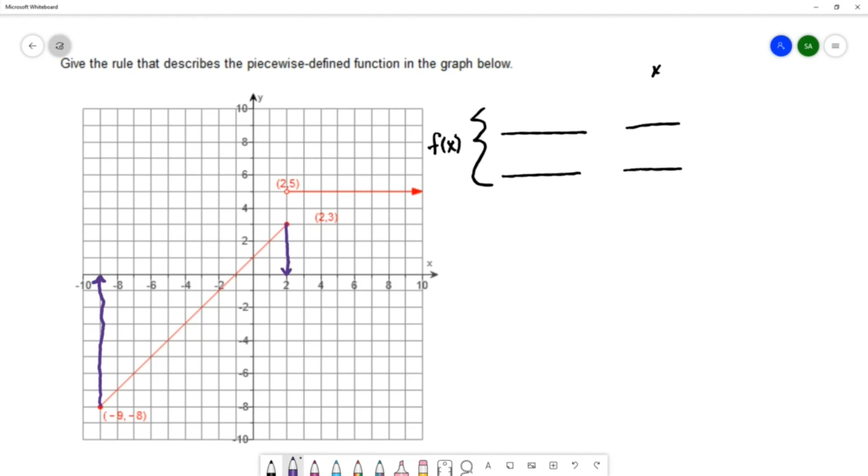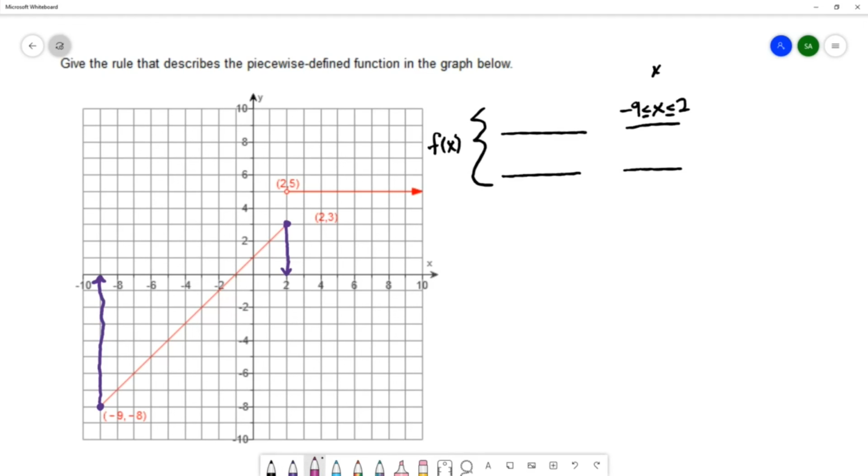So this starts at an x of -9 and ends on an x of 2. So my x is going to be in between those two values, a -9 and a 2. So we're going to use less than symbols, but I also notice that the endpoints of that line are included in the line, so I want to include equal to's on my conditions.